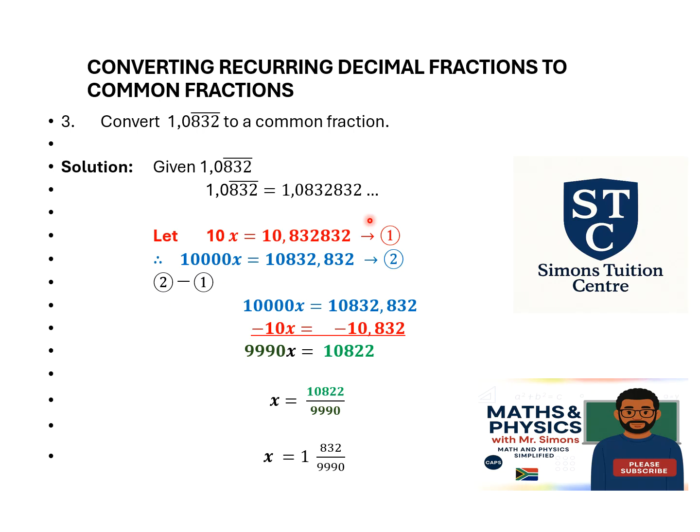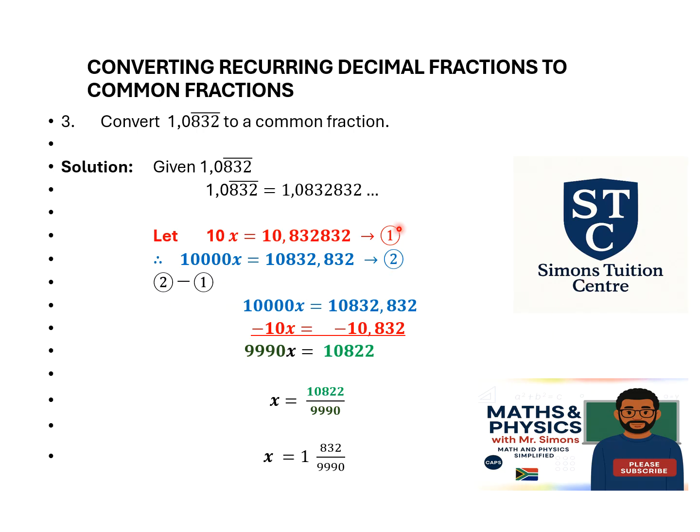Then, because I have 3 recurring digits, I have to put 3 zeros onto 10. So therefore I'm multiplying by 10,000. I multiply by 10,000, my comma is moving 1, 2, 3, 4 spaces, 4 zeros. So it moves exactly to before 832 starts recurring again. So that becomes 10,832,832,832.